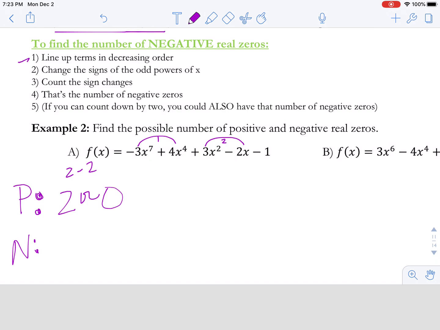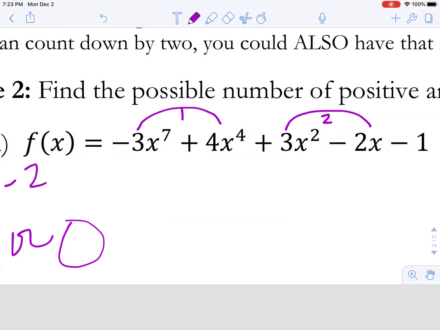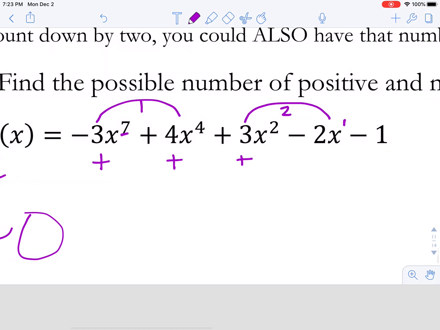Okay. Now for my negative, first of all, we always have to make sure that we line up the terms in decreasing order. Then we change the signs of the odd powers of x. So 7 is considered an odd power. So this is going to be a positive. This is even, so I keep it the same, positive. This is even, I keep it the same, positive. Oh, this would be considered an odd power.